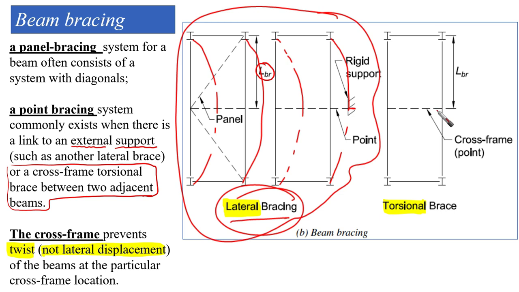It is for torsional or twist stability. It prevents twist, not lateral displacement of the beam, at this particular cross frame location. Okay, that's very good. Now we understand the meaning of column bracing and beam bracing.